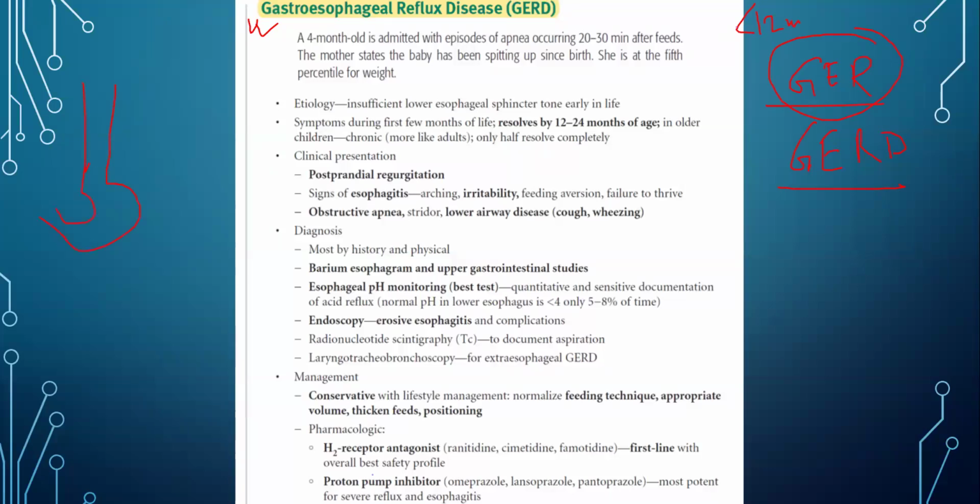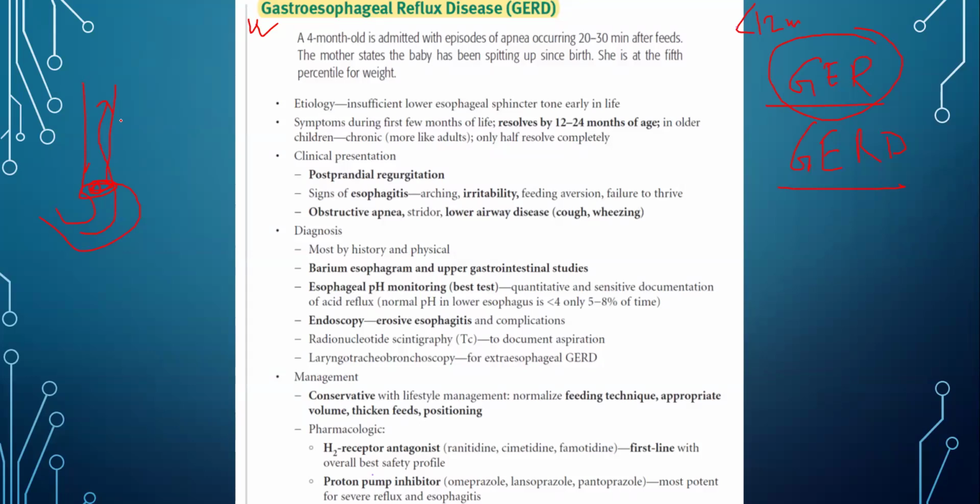So sometimes what happens, if you put them down after having a milk, because the sphincter is not that strong, the breast milk can come out of the mouth, especially if you immediately put them to bed after having a milk. Okay, so that's a very common symptom of gastroesophageal reflux.